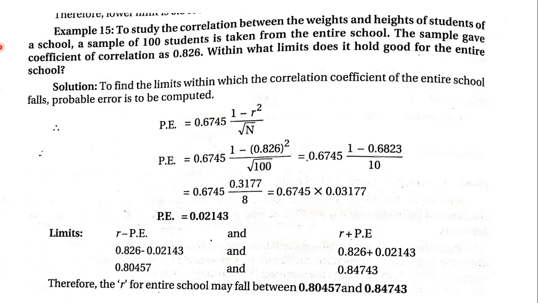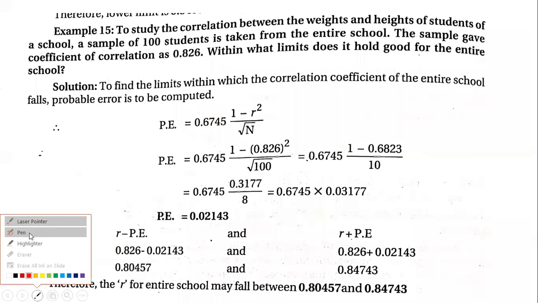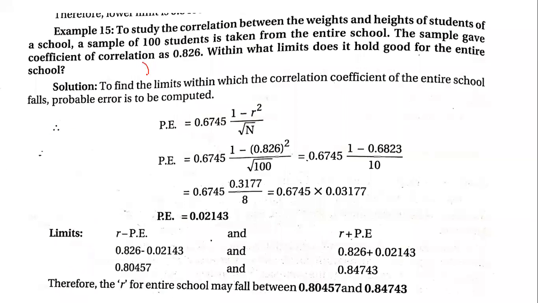Now the sample gave coefficient of correlation as 0.826. So what are they trying to say? The value of R is nothing but 0.826. Then within what limits does it hold good for the entire school? Read the question once again. Within what limits?